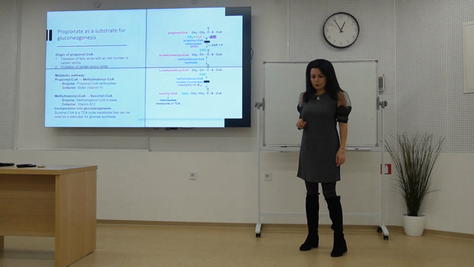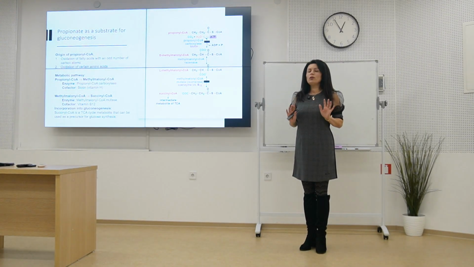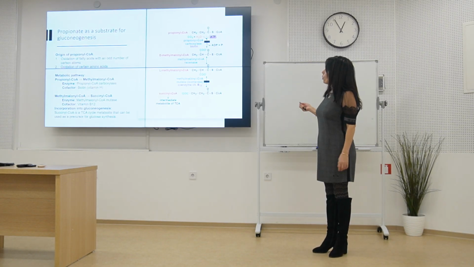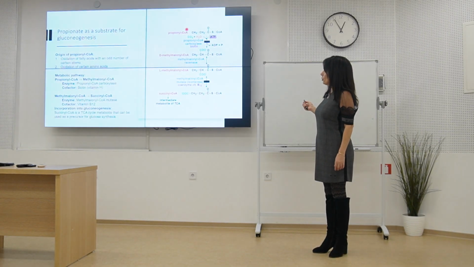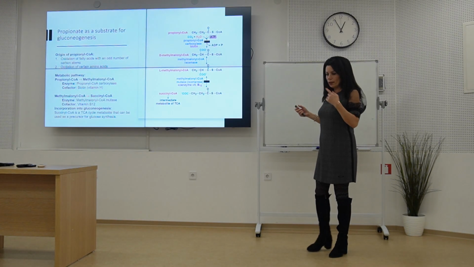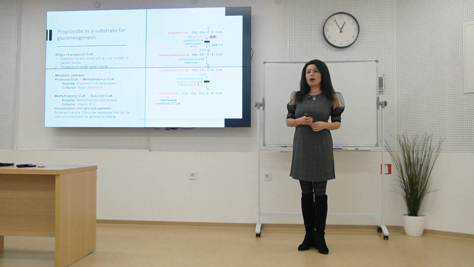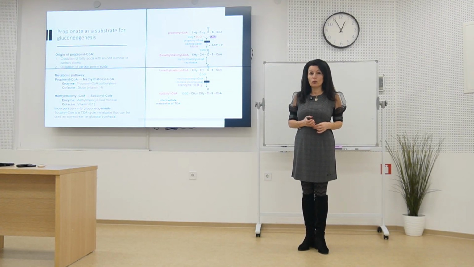First, propionate. How is propionate produced? Propionate, or propionyl coenzyme A, students, is one of the end products of breakdown or beta oxidation of fatty acids with an odd number of carbon atoms.